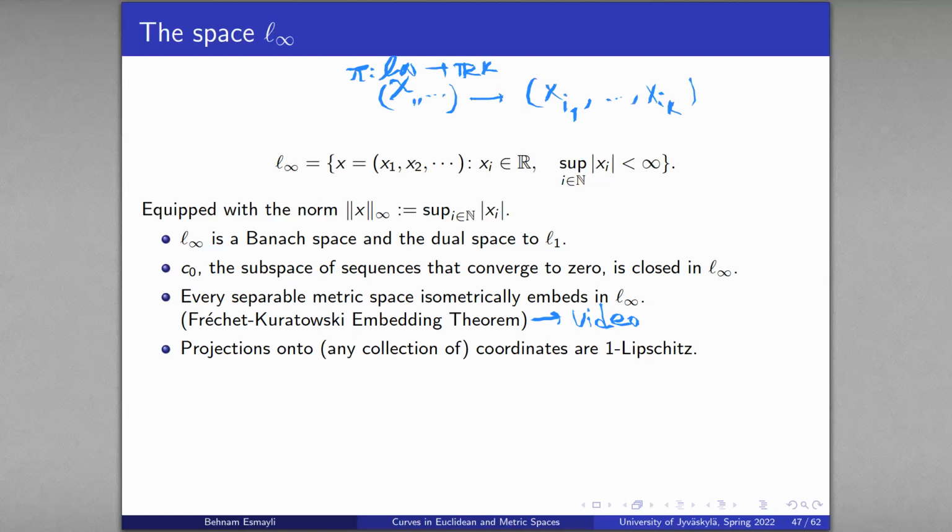But you can also pick x1, x3, x5, just the odd ones, k many of them. So any choice of these. The reason for being one Lipschitz is that this supremum will be less than or equal to the supremum over a certain subcollection of them. That's just a tautology.